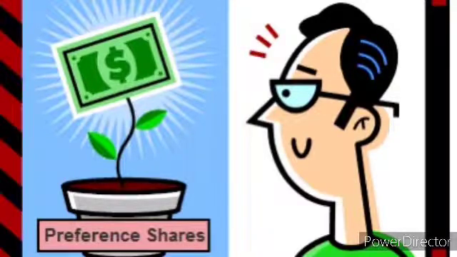So let's study the advantages of preference shares. What are the benefits of preference shares? First we will study from the company's point of view. Number 1 is appeal to cautious investors. What do you mean by appeal to cautious investors? Basically, those investors invest in preference shares who want more security and stability.